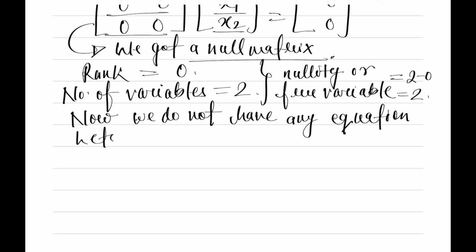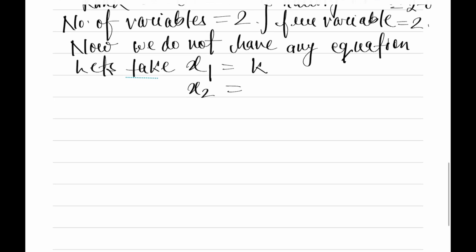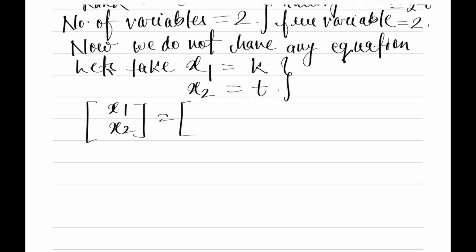Let's take x1 is equal to k and x2 is equal to t. Now our variables x1 and x2 will be equal to k and t.